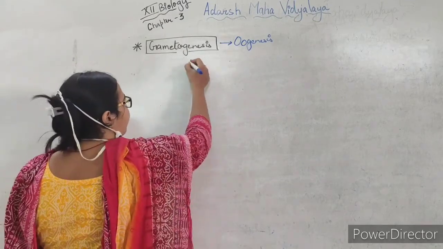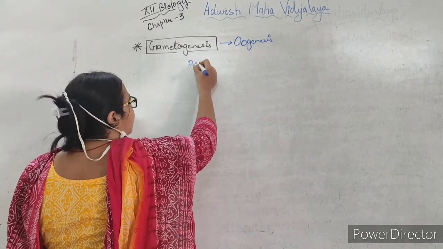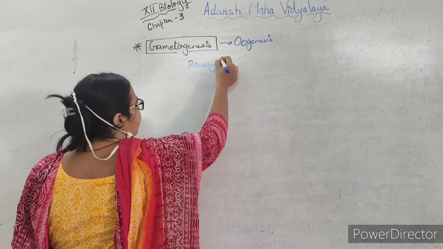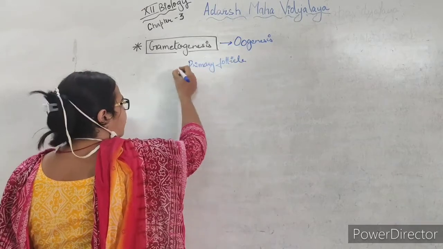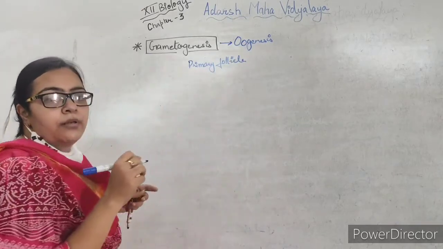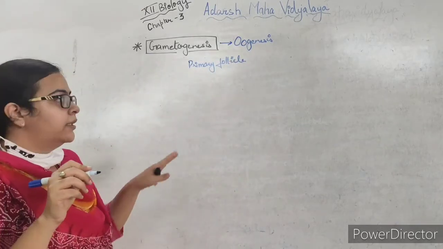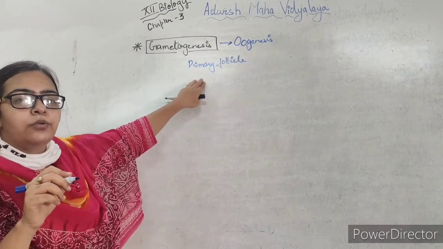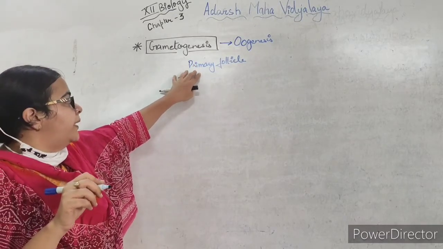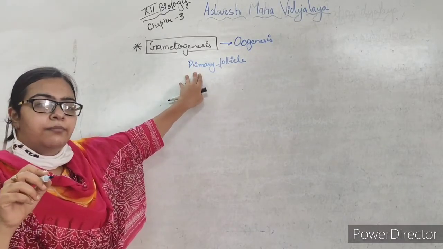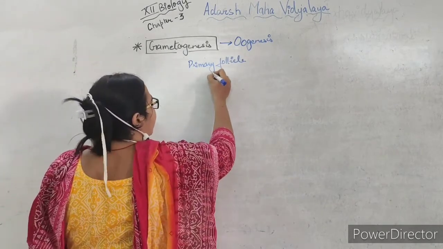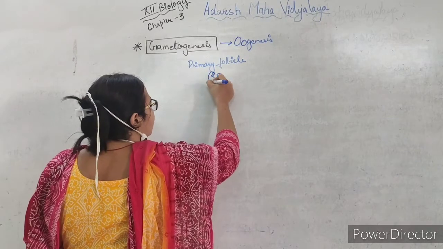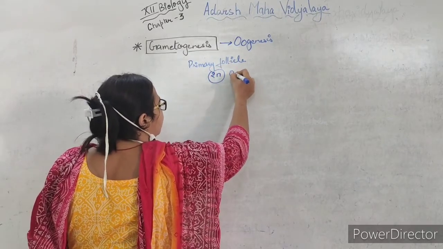The remaining primary follicles will undergo the multiplication phase, the mitotic division. The primary follicle is 2N and is called oogonia.